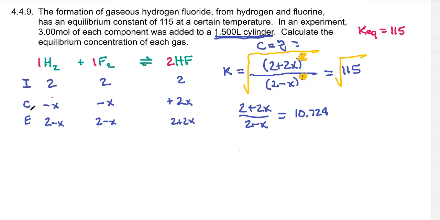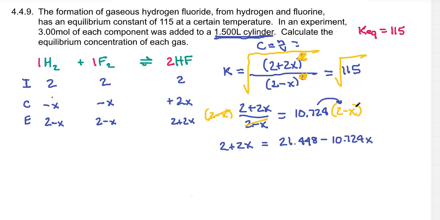Okay, we want the 2 minus x gone, so multiply both sides by 2 minus x. Those cancel. And we have 2 plus 2x equals, this 10.724 distributes through the brackets, so we're going to get 21.448 minus 10.724x, gross.